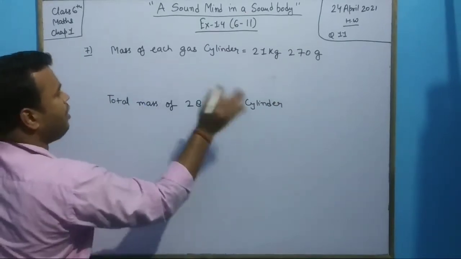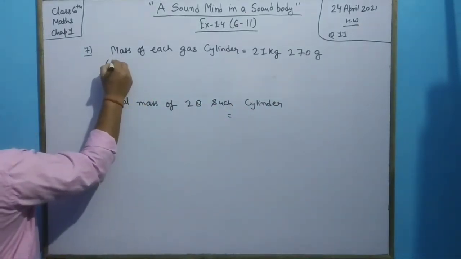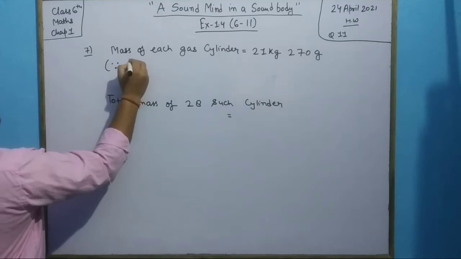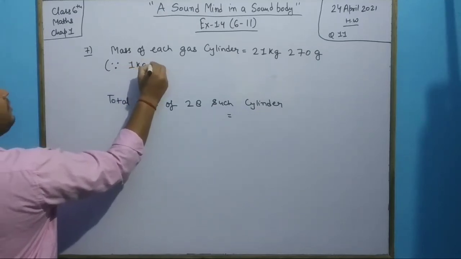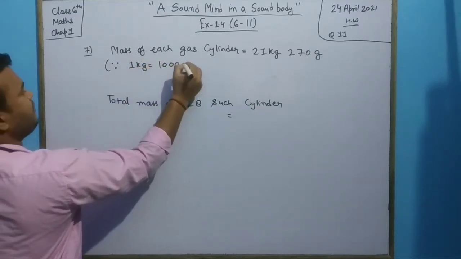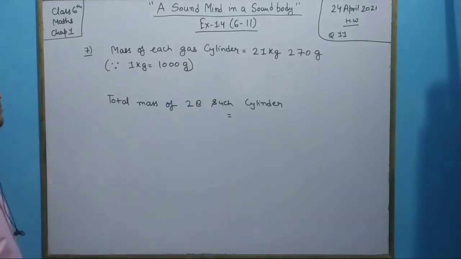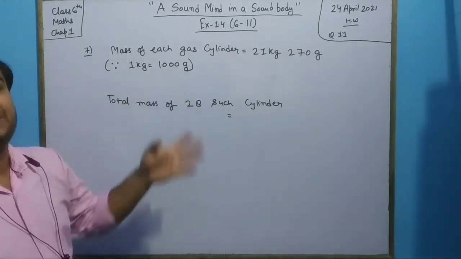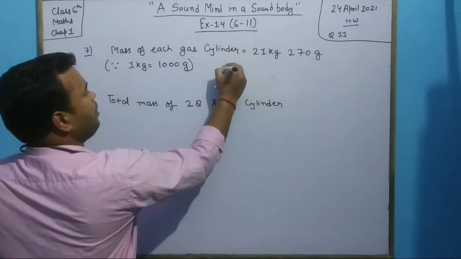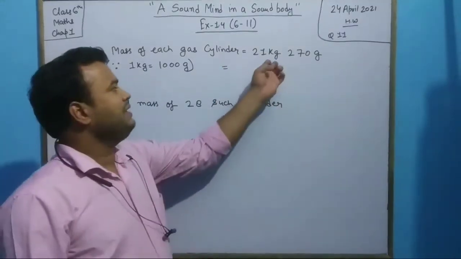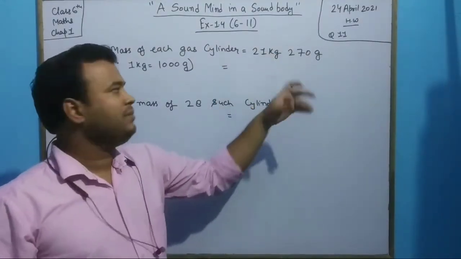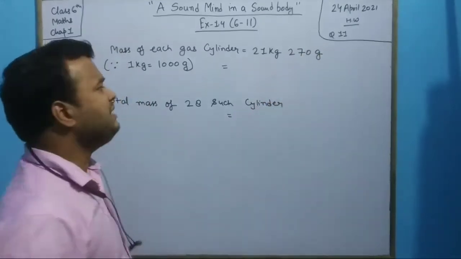Also I will write over here: 1 kg is equal to 1000 gram. So what we need to do here is convert kg into gram, and this one is already in gram.